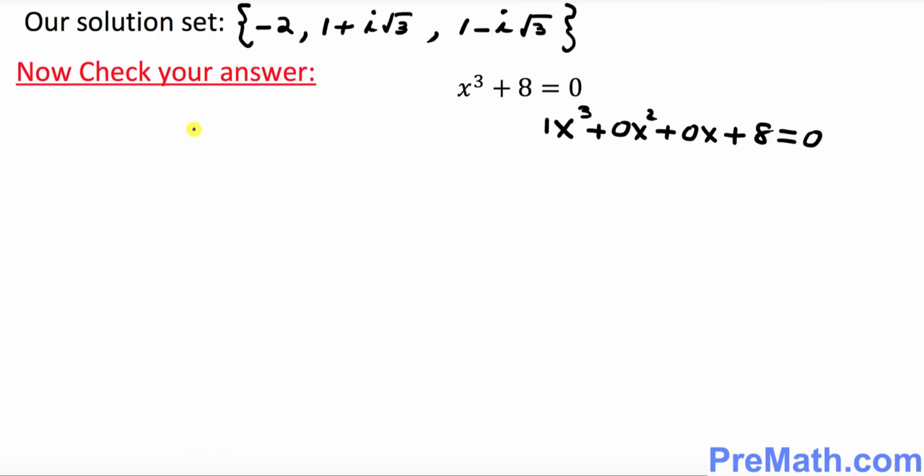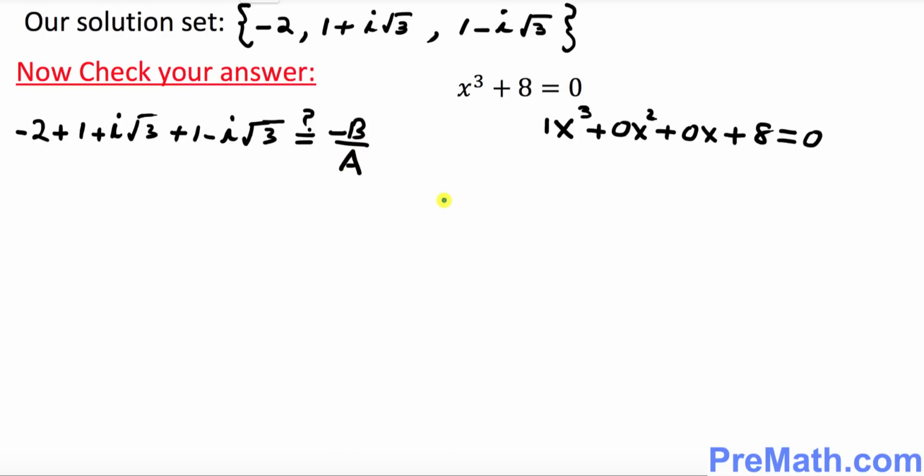And finally, we're going to check our answer. To check our solution, just simply add up whatever our solutions are. So I'm going to put down -2 plus 1 plus i square root of 3, and then plus 1 minus i square root of 3. Is it equal to minus b over a?